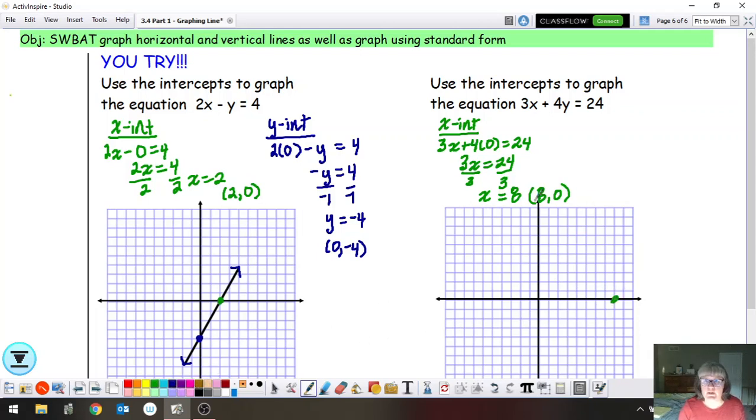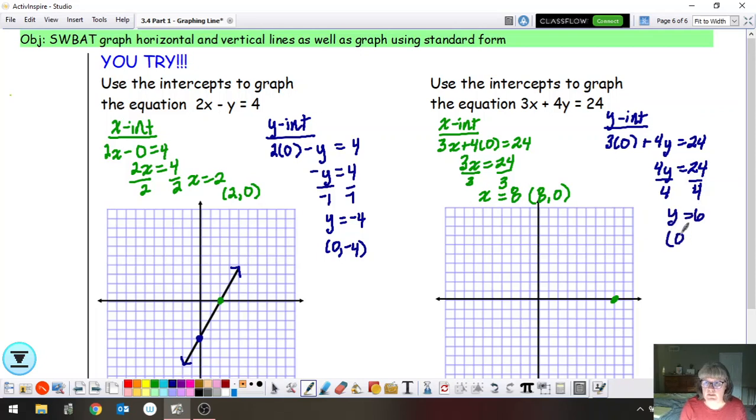Find the y-intercept. This time 0 replaces x. We solve for y. Well, 3 times 0 is 0, so we have 4y equals 24. Divide by 4. So y equals 6.